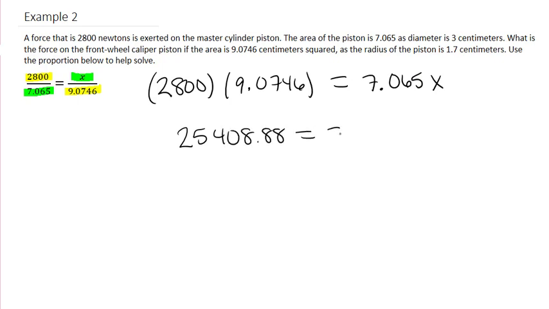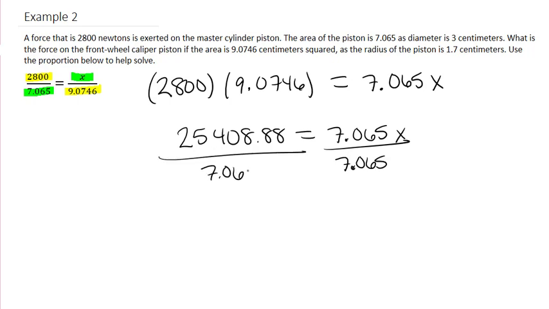Which is equal to 7.065x. Our next thing we'll do is to divide on both sides. So then we're left with just x, which is our force that we need to solve for.